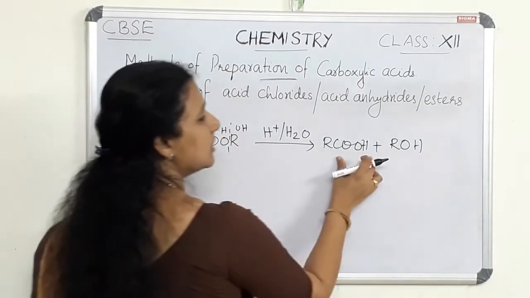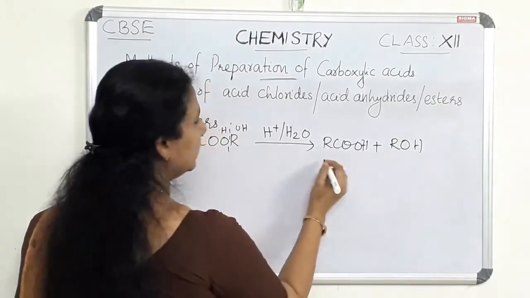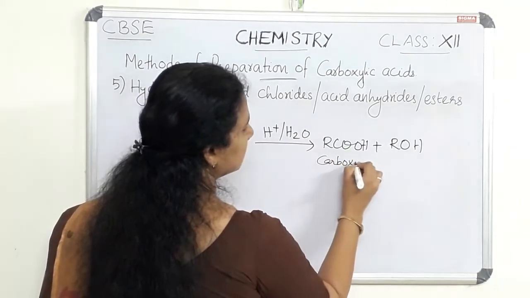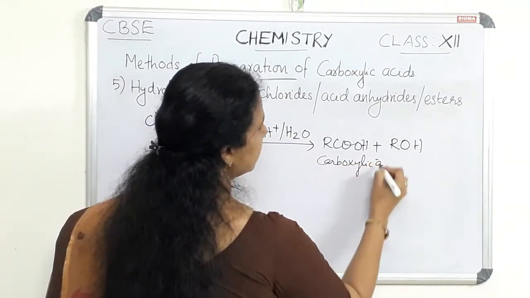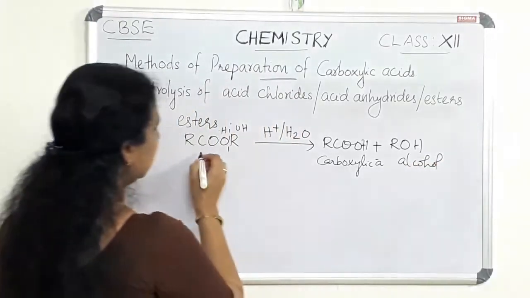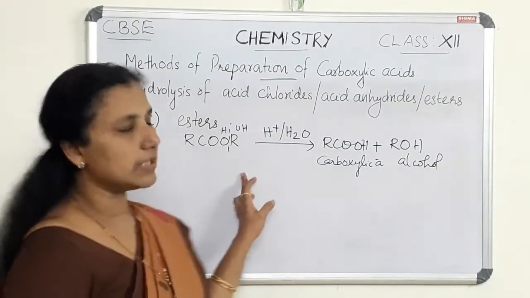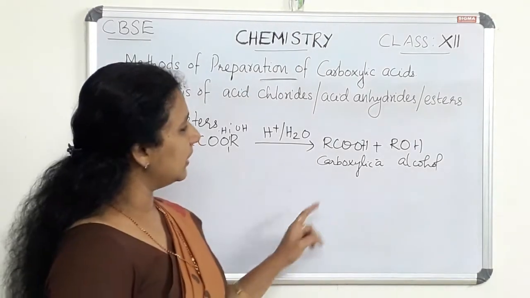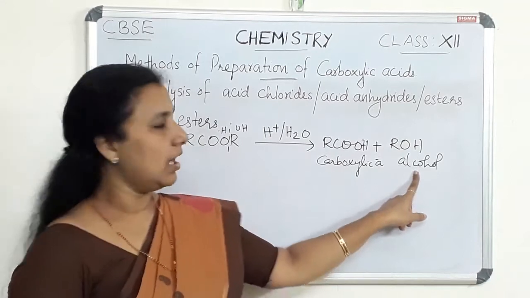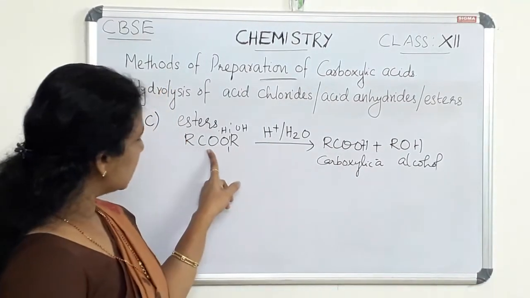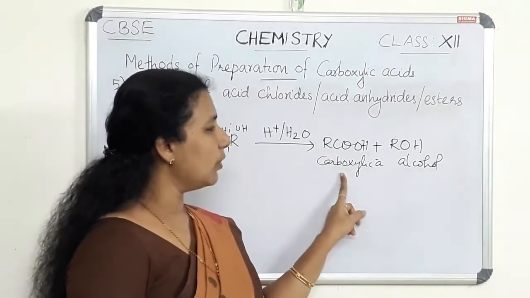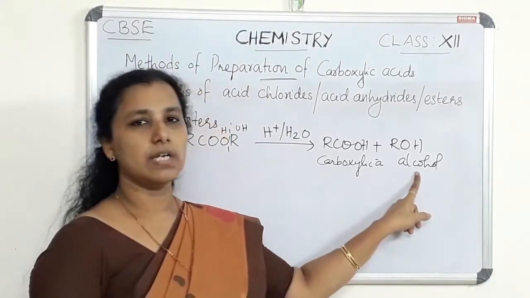So RCOOH and ROH. Here we will get carboxylic acid and alcohol. We know that esters are prepared by esterification reaction, which is the reaction between carboxylic acid and alcohol. So when esters undergo hydrolysis, it gives carboxylic acid and alcohols as the products.